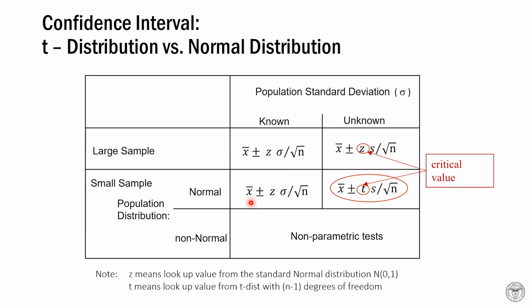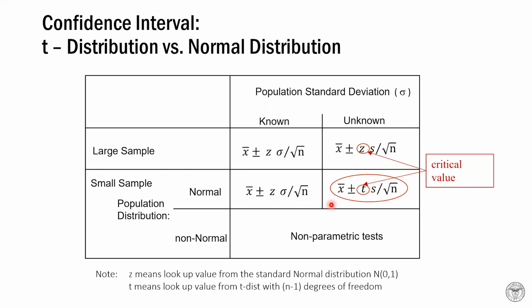If the sample size is small, but we know that the population distribution is normally distributed with known standard deviation, then the confidence interval is given by x bar plus minus z times sigma over square root of n, which is the same as that with large sample and known standard deviation.